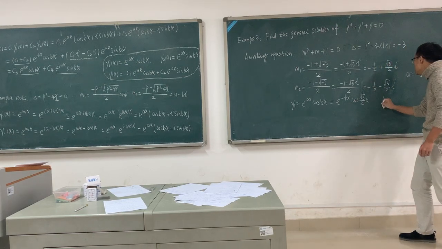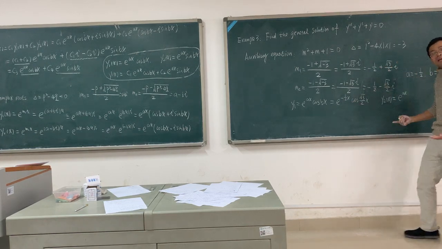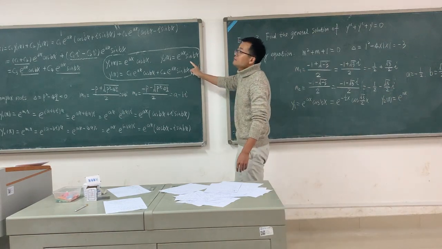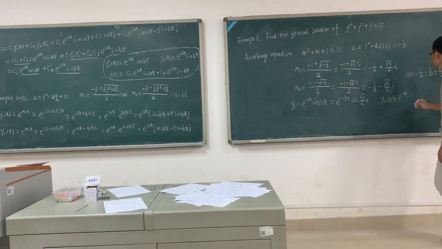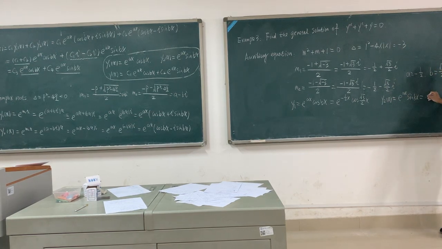The second solution y2 is also e to the ax, and here is cosine, so the second is sine bx. So e to the minus half x, sine square root 3 by 2 x.